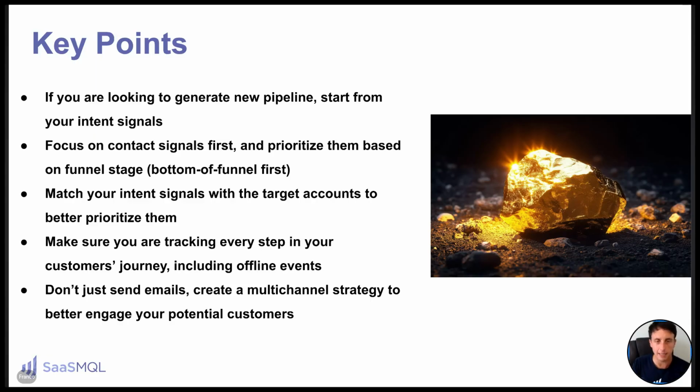So your first party intent signals. Then you want to pull everything and prioritize it based on funnel stage, starting from the bottom of the funnel first, moving up to the very top, the awareness stage, but always focus on anything that is closer to sales, closer to opportunities and to revenue. That's going to be way, way more valuable.